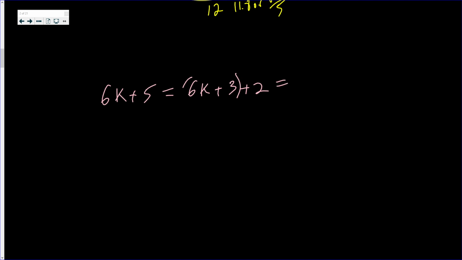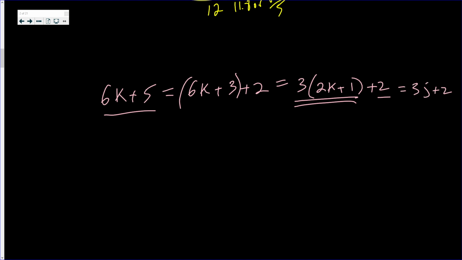So you can bracket it that way, and you can factor out the 3. This number is on the 3 table increased by 2. It's of the form 3j plus 2. Every number in the form 6k plus 5 can be written this way.